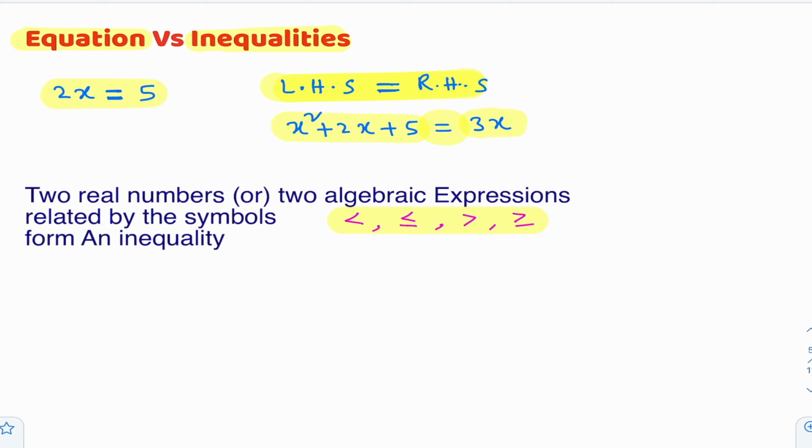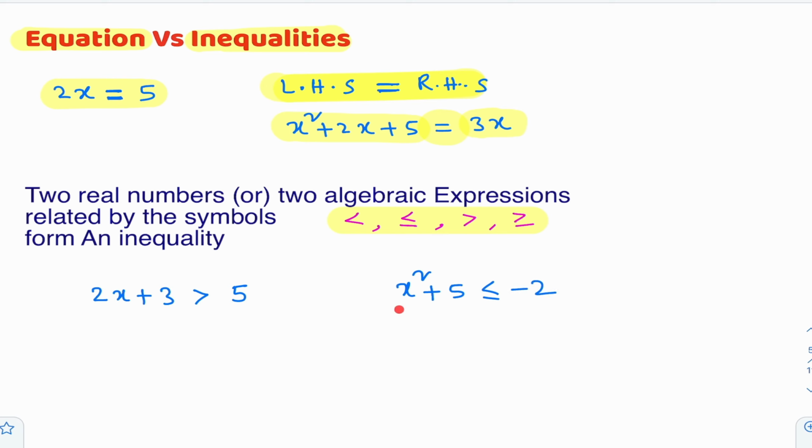For example, 2x plus 3 is one algebraic quantity, 5 is another algebraic quantity. If we use an inequality symbol, any one of these symbols, I have written greater than here. What is this? This is an inequality. Okay. Now, I'll take one more: x square plus 5 is less than or equal to minus 2.